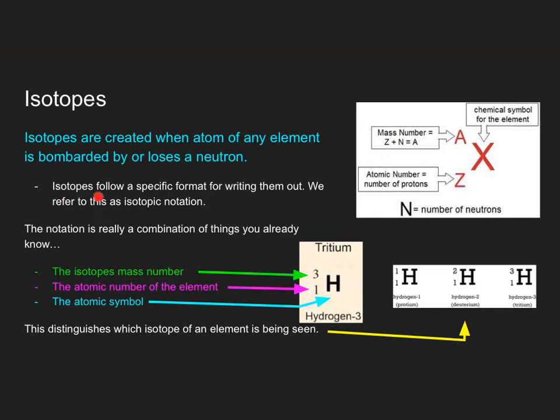But anyway, neutrons bombard it, and since they're the same mass as protons, they can end up hitting that nucleus and sticking, and it would end up making a different type of the same element, an isotope. It makes it unstable, though, because neutrons contribute a lot to the stability of the overall atom.